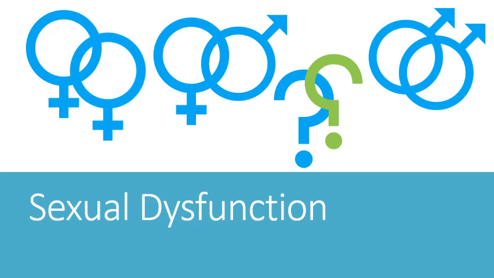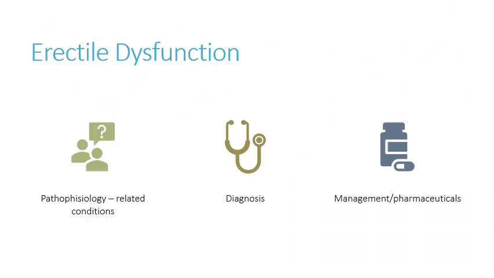So the next topics are about sexual dysfunction. And sexual dysfunction here is mostly discussed about the male, but sexuality, as you can see in this picture, affects men and women, or you see a same-sex couple, or people under the question marks who do not associate themselves with any gender or sex.